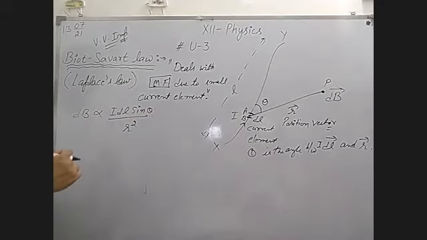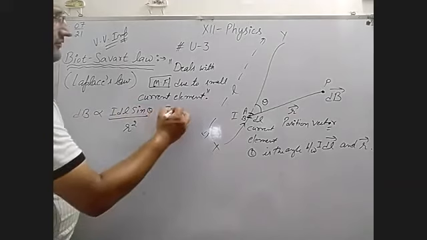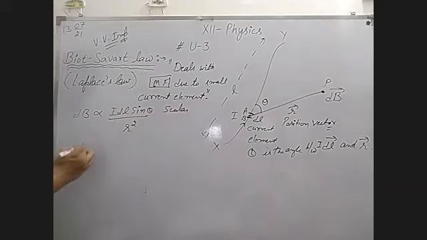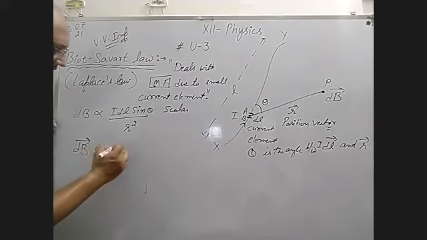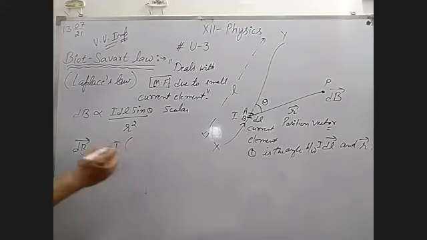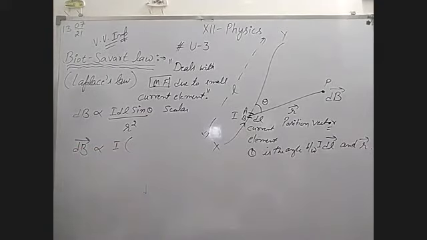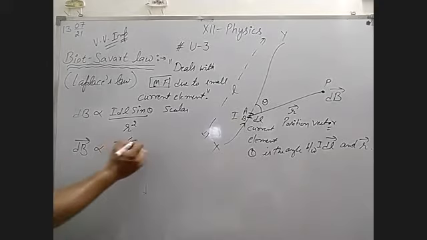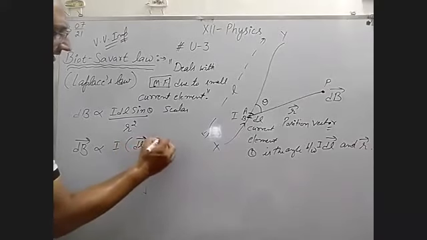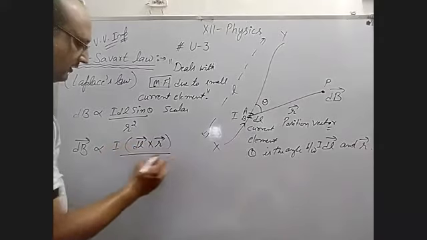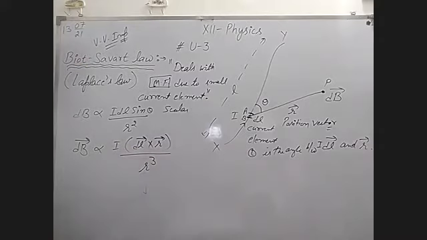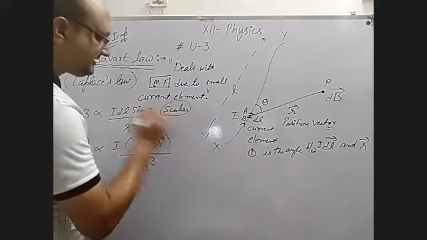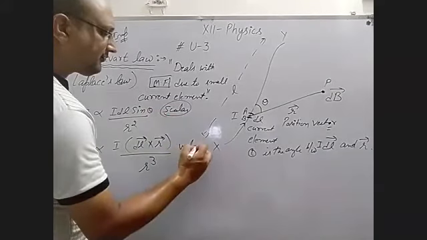I dl sine theta upon r square. This is in scalar form, but in vector form it can be written as I dl vector cross r vector upon r cube.